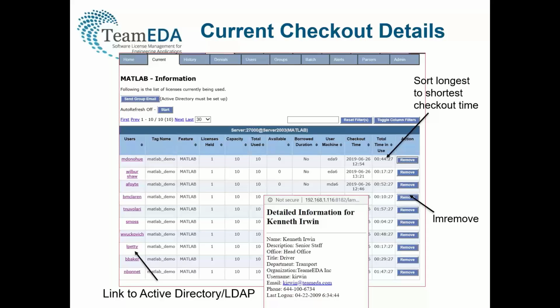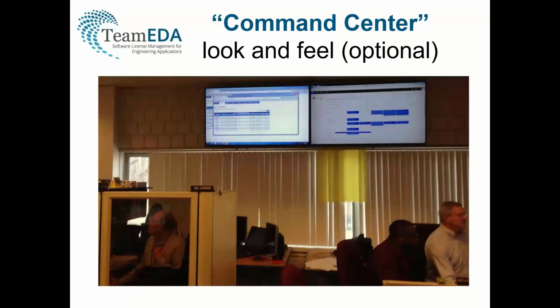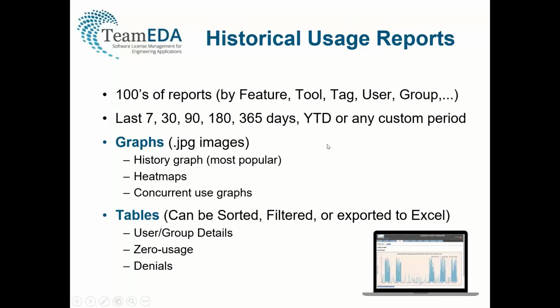It's a great view for understanding everything about the users that you're getting. Some people create a gas gauge view, so they have monitors up in their office in a kind of command center, and they can see the licenses that are in use. Obviously, this is simply LAMUM, on the monitors they had in-house for other things.